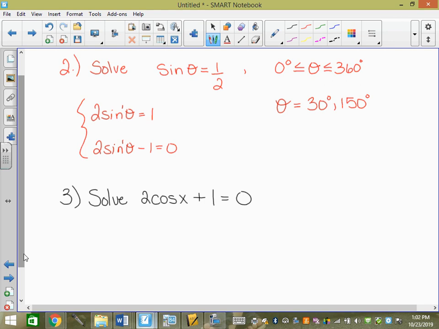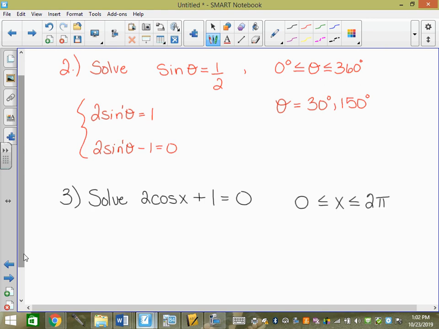I'm going to make it a little bit harder. 0 is less than or equal to x is less than or equal to 2 pi. It's not a degree symbol. Still not hard because they're all on your unit circle, right? But what you do need to recognize is if your domain is in radians, your answer has to be in radians, right? If your domain is in radians, your x answer has to be in radians.